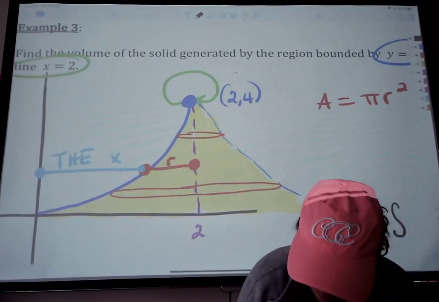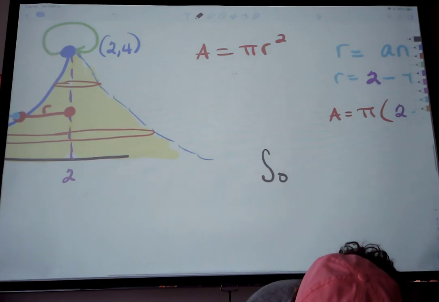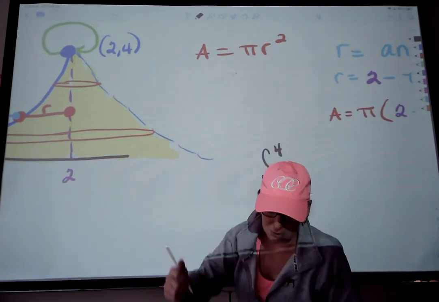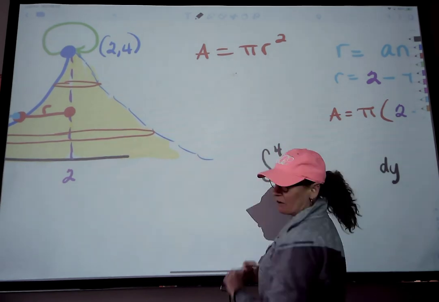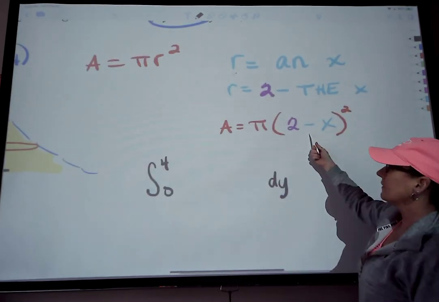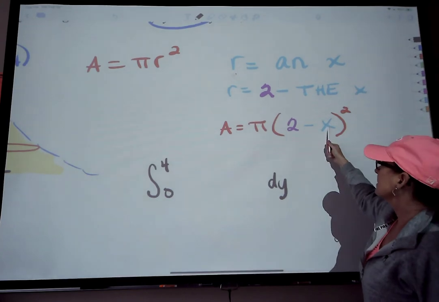So since my plates are stacked like that, I'm going to go from 0 to 4. How thick is each plate? dy. What do I write for the area representation? Not that. No problem. Just get this in terms of y.